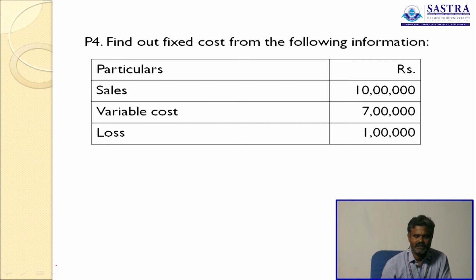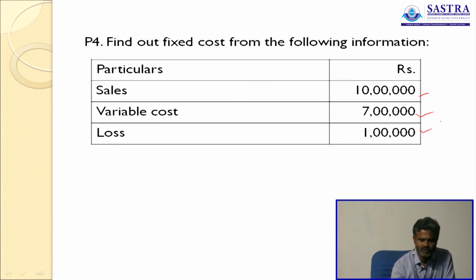Find out fixed cost from the following information. Here they ask you to find out fixed cost. Sales is given, variable cost is given, loss is given; profit is not given, loss is given.